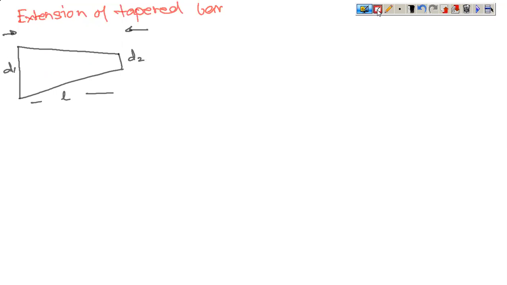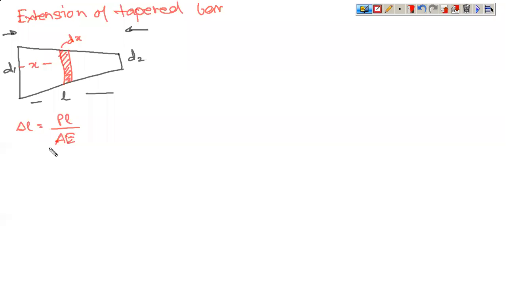So let us take, at a distance x from here, an element of thickness dx. What you need to find is delta L, given by PL by AE.